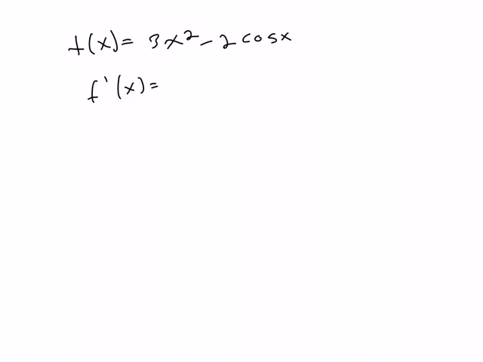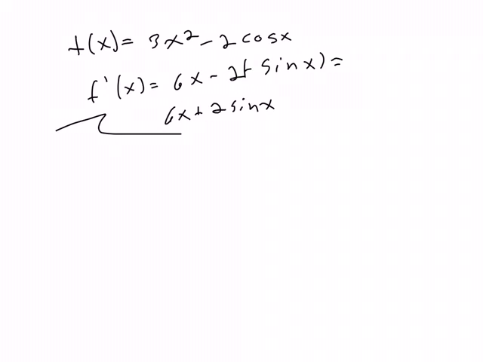So that's going to be 6x minus 2 times the derivative of cosine, which is negative sine, so negative sine of x. Just remember the derivatives for trigonometric functions. It's important. Or in other words, we get 6x plus 2 sine x.